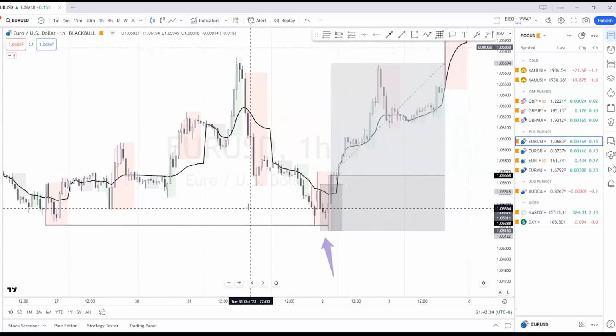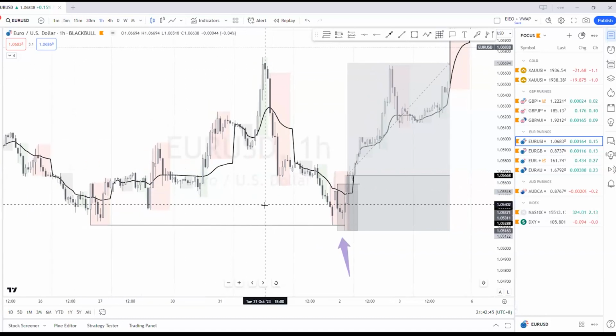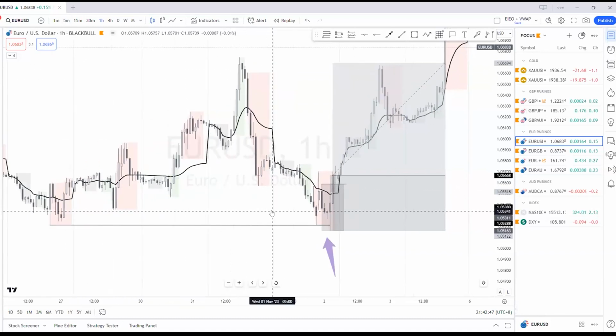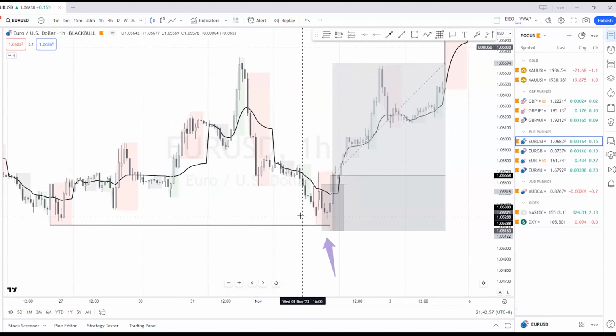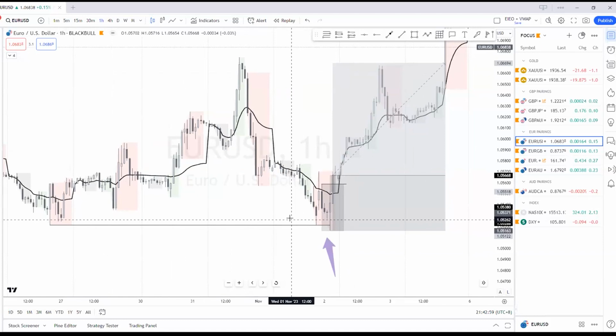He used the optimal trade entry level, then zoomed into a lower time frame to look for a liquidity sweep. A liquidity sweep is basically a major point of quote-unquote support resistance, in this case support, that gets taken, and then price reverses into the intended direction, which is how he caught the trade.